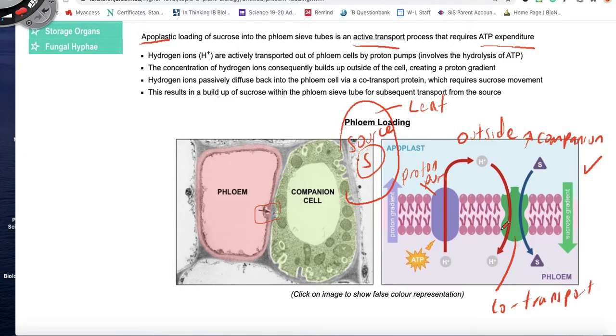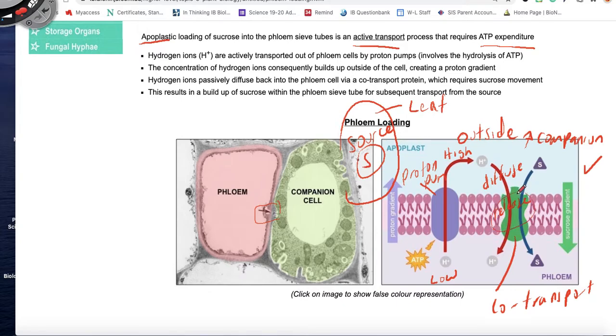So aren't proteins cool? They come in all types of modalities here. So ATP is required to take hydrogen ions from a low concentration inside the phloem to a high concentration here. So when hydrogens are in a high concentration outside in that companion cell side, these hydrogens can now diffuse back through the cotransport protein from areas of high to low, and they release energy.